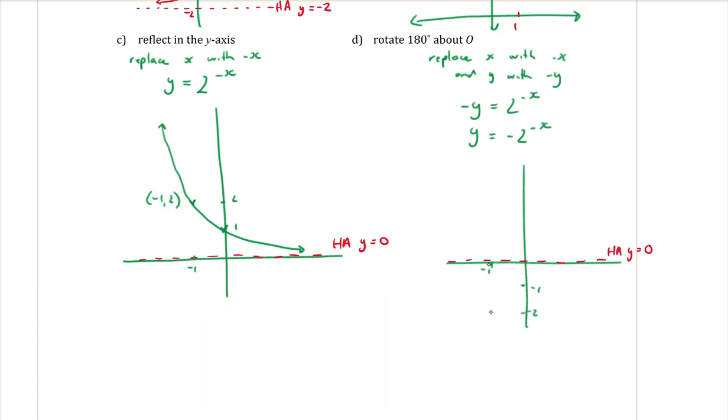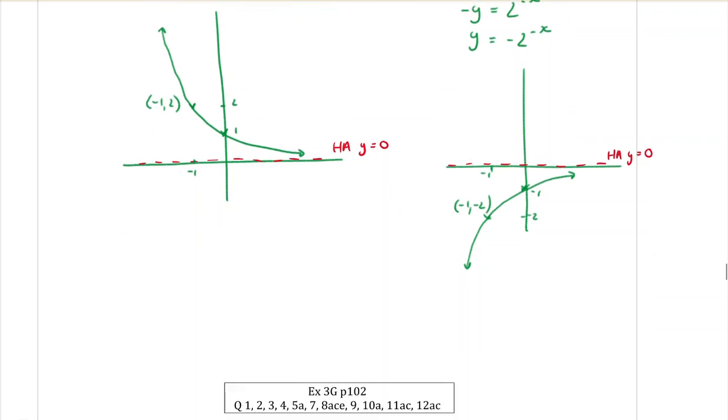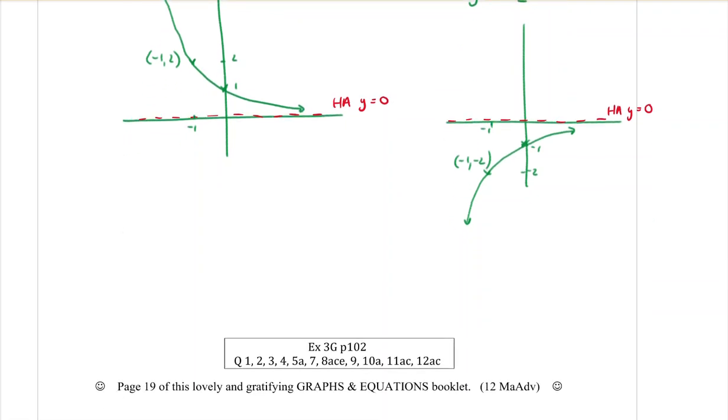So -1, -2 is down here, y-intercept at -1, and it's coming up like that. And I can label that point -1, -2. All right, so that's our first type of questions where we're going to be moving things around.